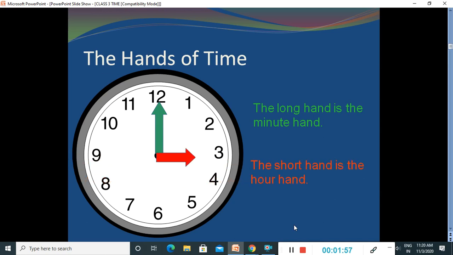And the red hand is called the hour hand because it shows the hour. So the hour hand is at 3 and the minute hand is at 12. So that means the time is 3 o'clock.